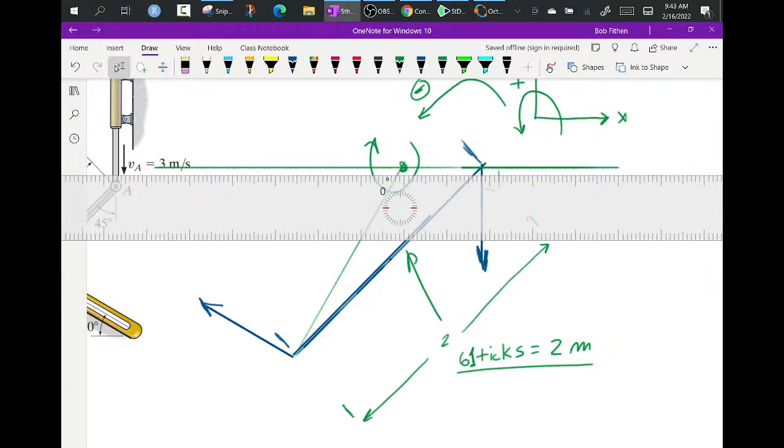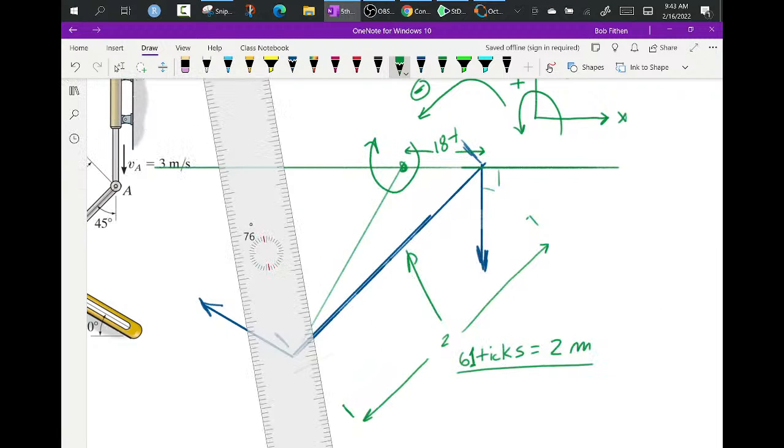Let's look at the distance between here. Now, ticks are the number of points. So 1, 2, 3, 4, 5, 10, 15, 16, 17, 18. Looks like to me about 18 ticks here.